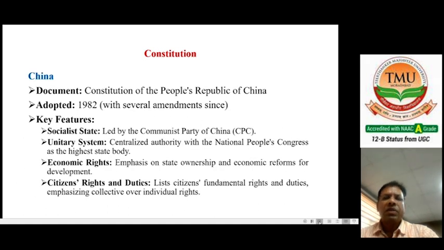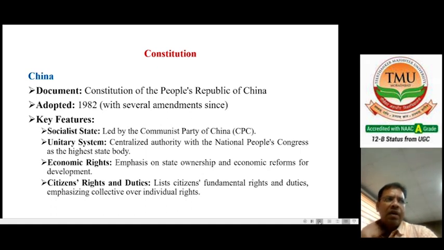Now come to the constitution of China. The constitution of China is called the Constitution of the People's Republic of China. It was adopted in 1982 with several amendments since, and a key feature is that it is a socialist state led by the Communist Party of China (CPC), a socialist state, not a capitalist state. Unitary system, centralized authority with the National People's Congress as the highest state body.